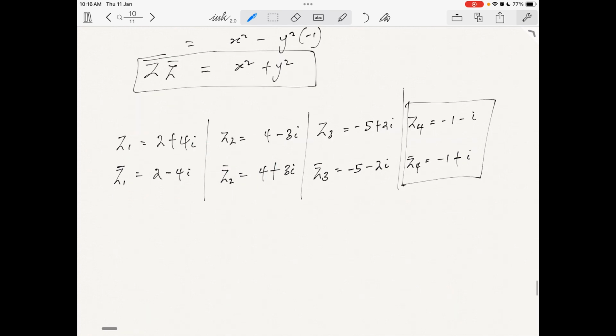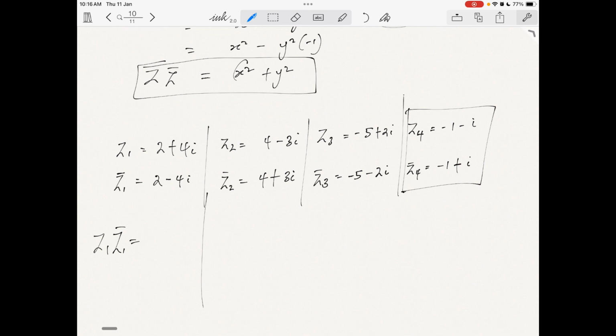Now let's perform z1 multiplied by z1 bar. So we realize that it is the square of the real part. The real part is 2, so that is 2 squared plus the imaginary part, which is 4, plus 4 squared. That will give us what? 4 plus 16, and that will give us 20.